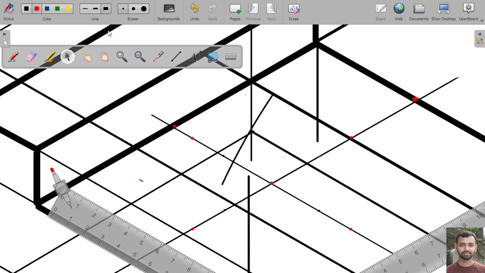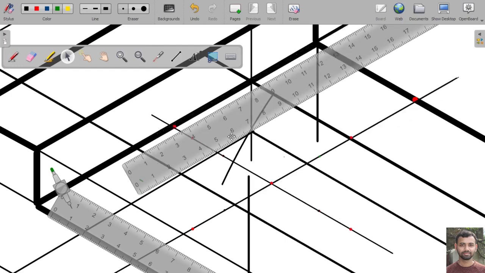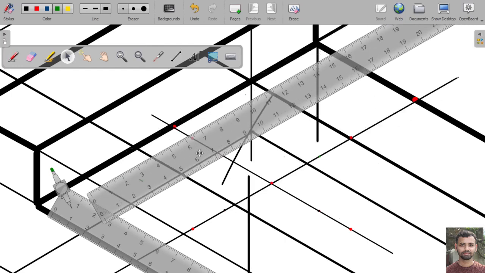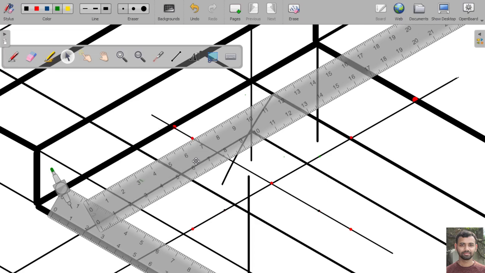Okay, now we will draw the lines. This is one side of the rhombus.